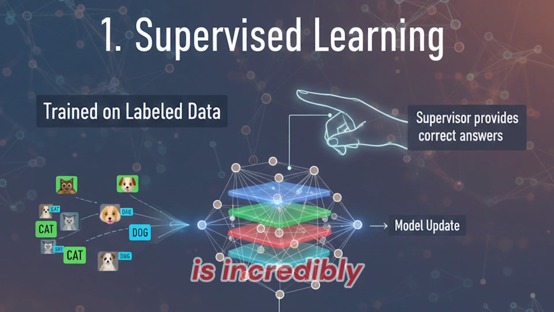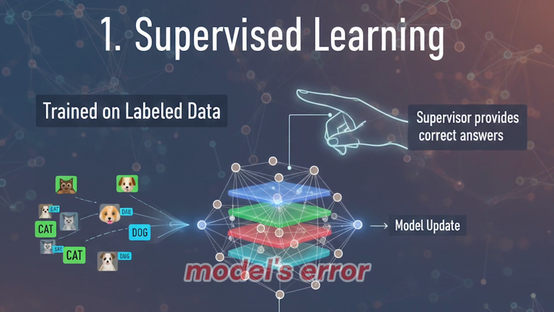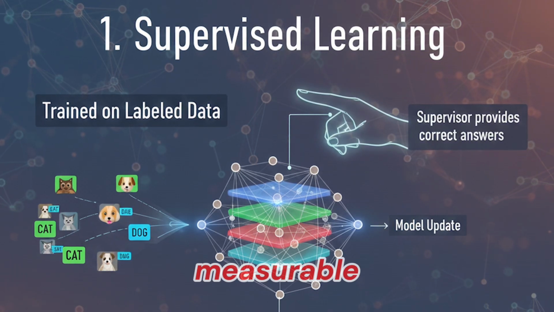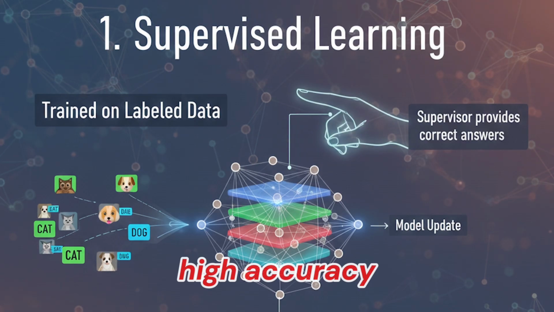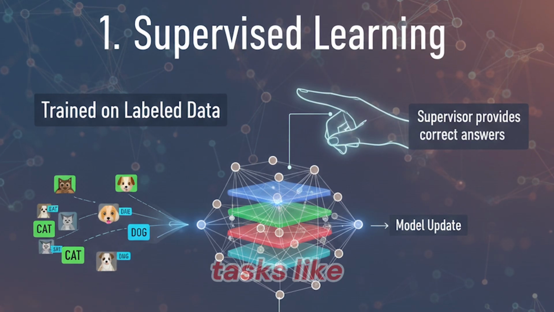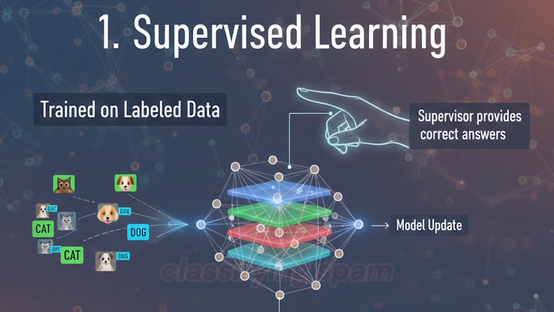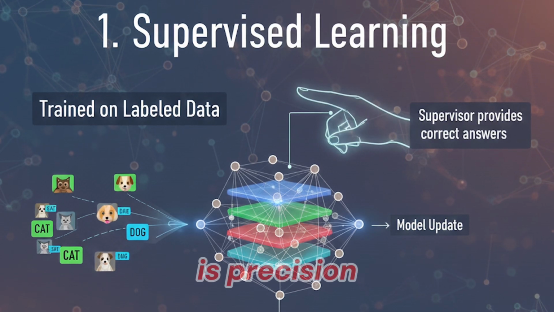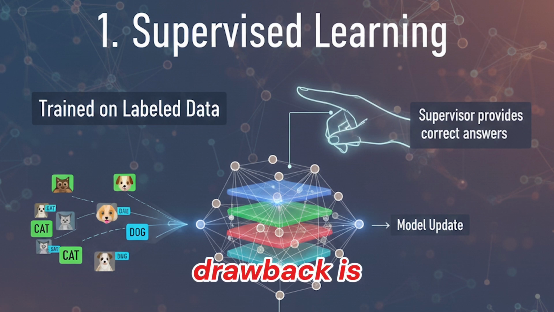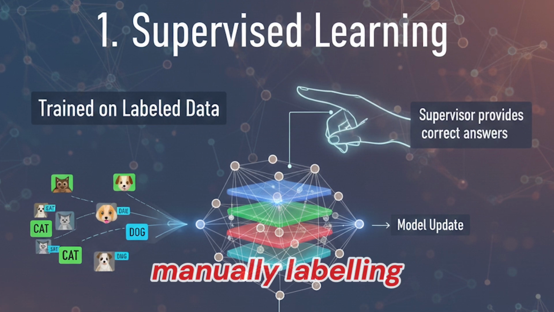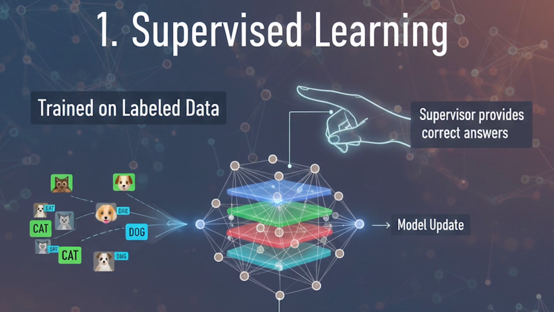This method is incredibly powerful because the model's error is always measurable, allowing for high accuracy. This is excellent for tasks like image recognition, predicting house prices, and classifying spam emails. The key advantage here is precision, but the drawback is the high cost of manually labeling all that data.